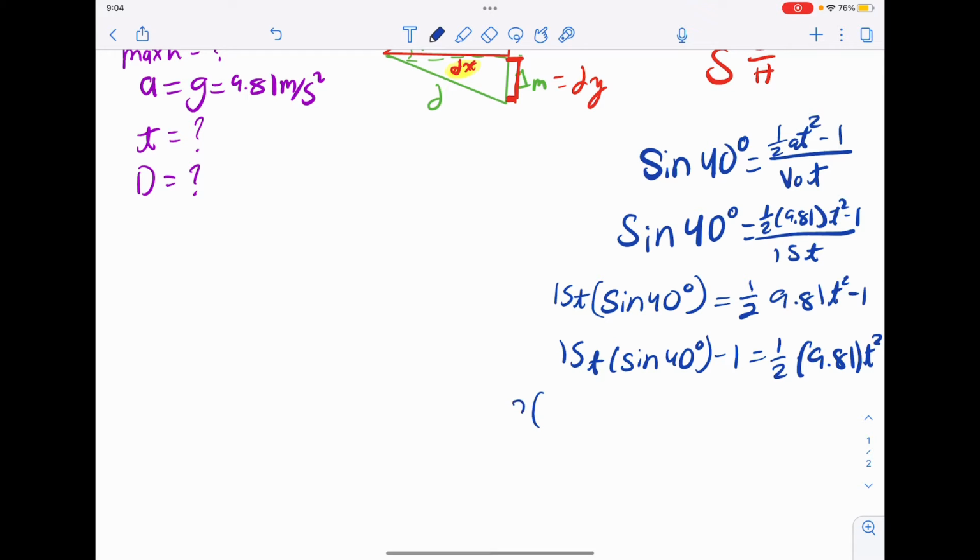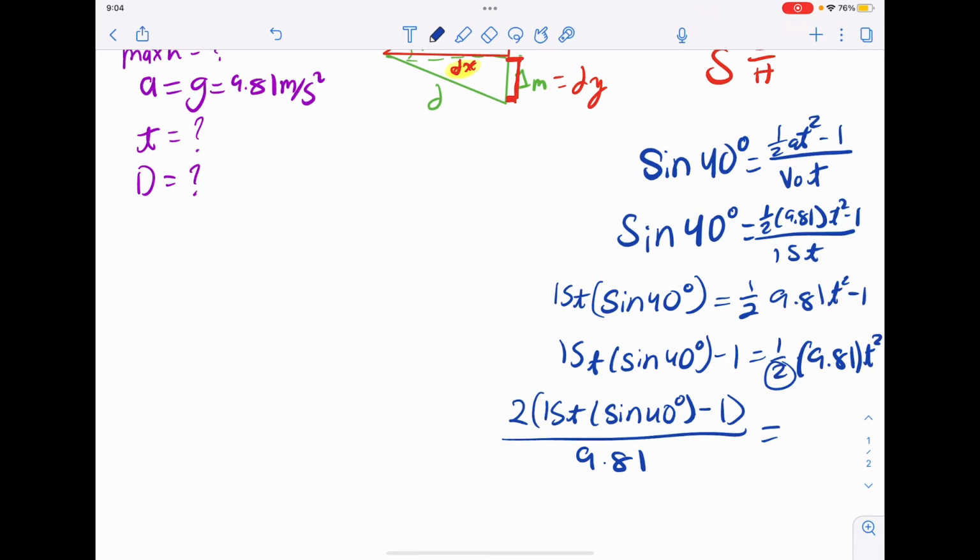So we get 2 times 15t sine 40 minus 1 divided by 9.81. So we multiplied the 2 divided by the 9.81. And then, by 9.81 t squared.